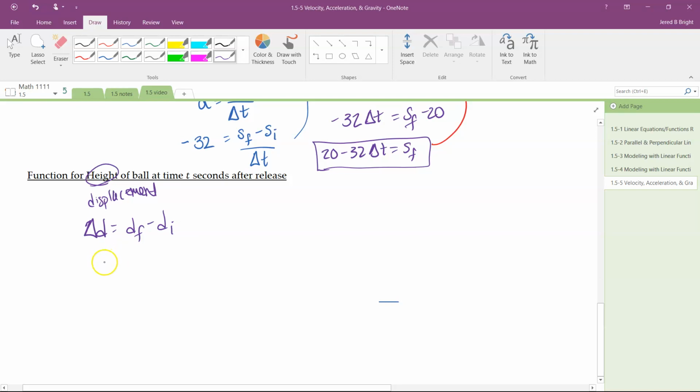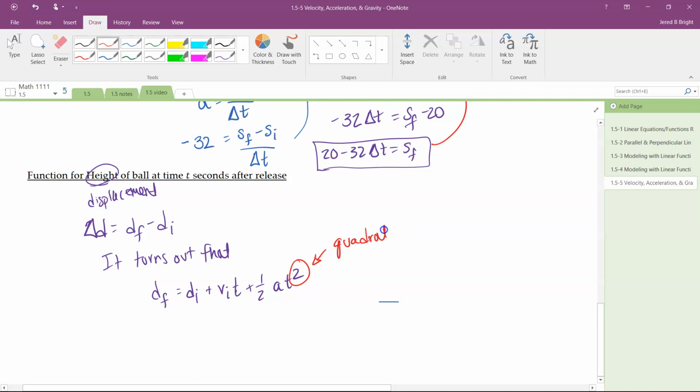It turns out that we can say d final is equal to d initial plus v initial t plus 1/2 a t squared. You'll notice that this has an exponent of 2, which means that this is a different type of function called a quadratic function. We will see this over and over again in chapter 2, so be on the lookout for that.